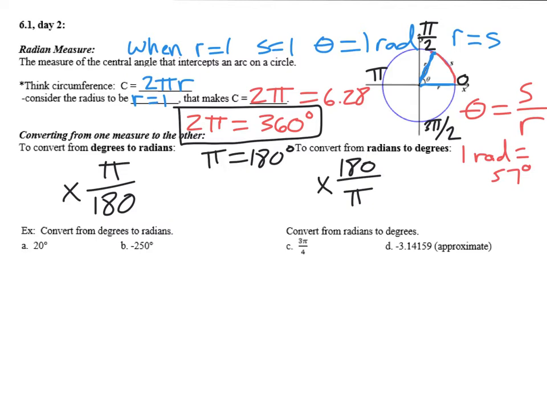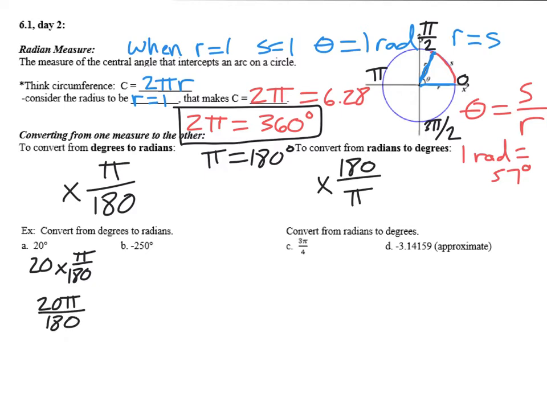So down here we'll do a couple of these. I got 20 degrees. Multiply that by pi over 180. Very often when you're switching to radians, you end up with a pi in your answer.